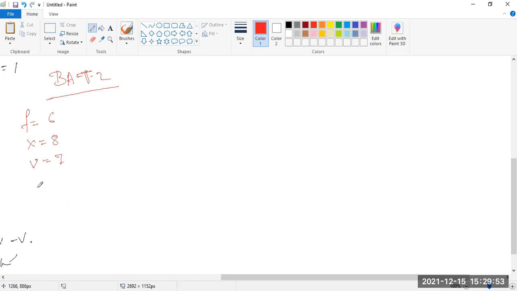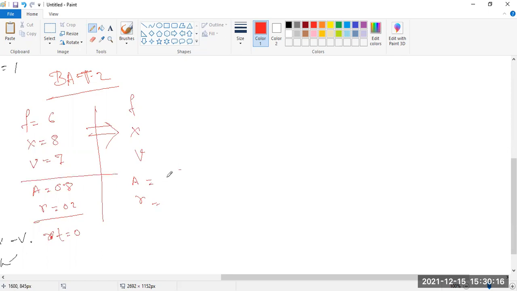Velocity is 7. A is your 0.8, and R is your 0.2. That is for the iteration t equal to 0. And we have to calculate it for the iteration 2 for the frequency, for the position, for the velocity, and for the A and the R, these are fixed. So these are unchanged for these cases.